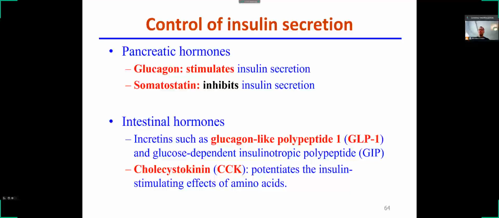Finally, there's cholecystokinin, which potentiates the insulin-stimulating effects of amino acids. Now, GLP-1 recently had a very big clinical trial, and it showed to be incredibly effective at reducing body weight, and was just recently approved in the U.S. for treatment. So another important drug target for targeting obesity.